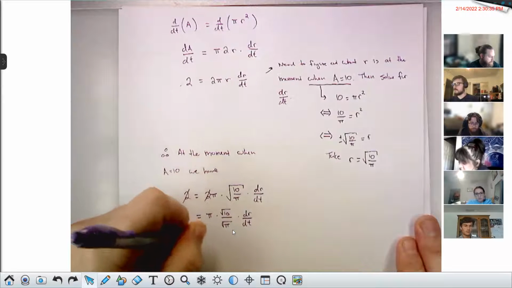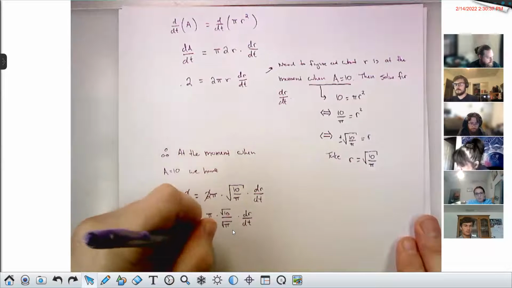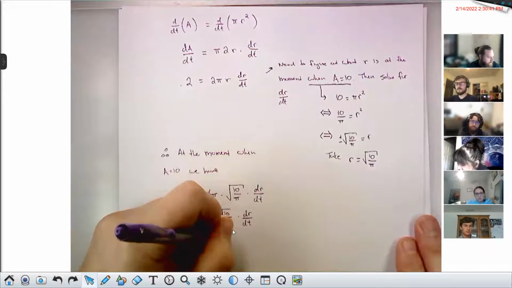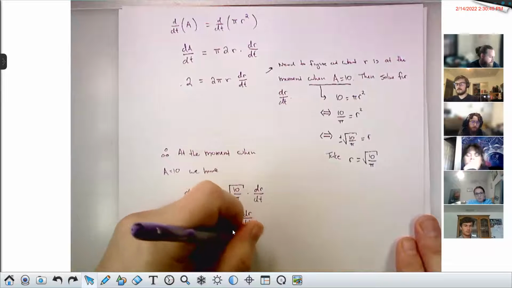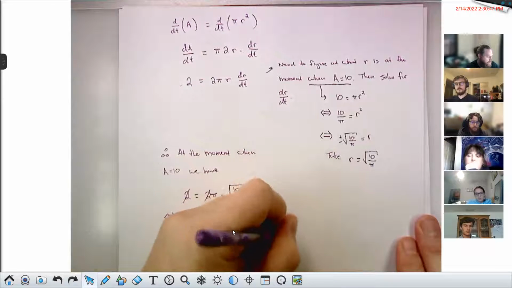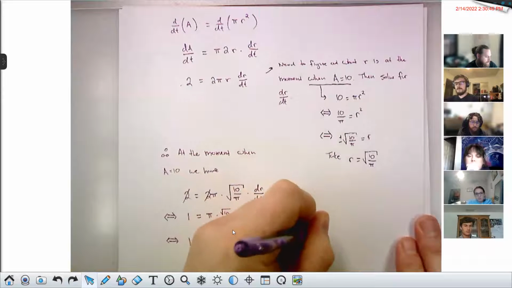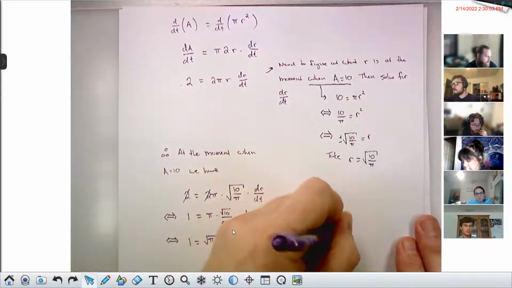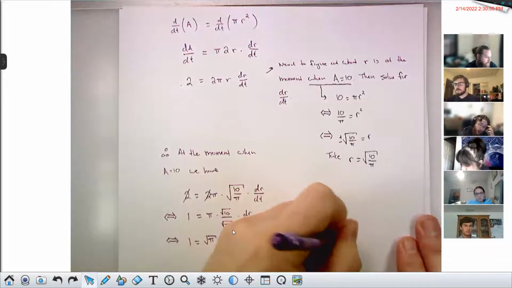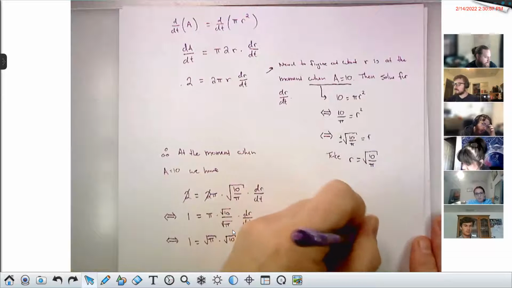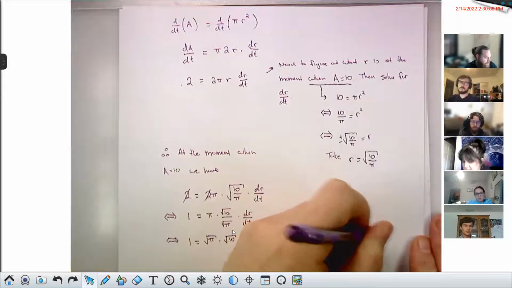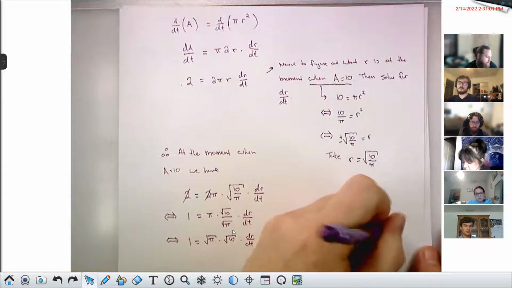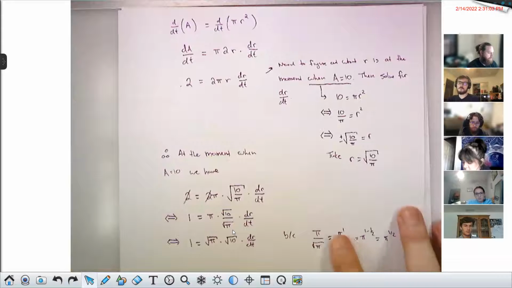So this is the same as 1 equals the square root of pi times the square root of 10 times dr/dt. And the algebra note there is because pi over square root of pi, that's pi to the 1 over pi to the 1/2. It's pi to the 1 minus 1/2, which is pi to the 1/2, the square root of pi.